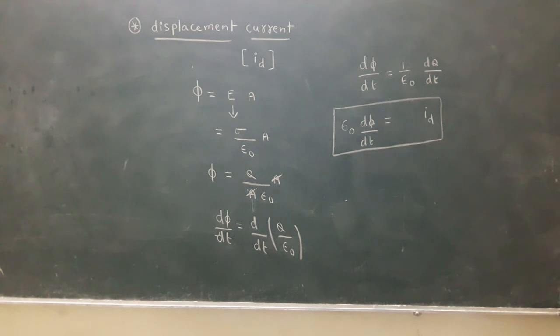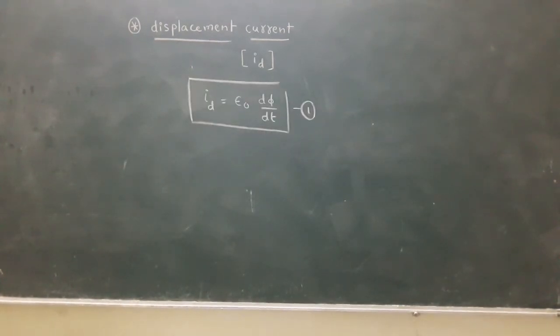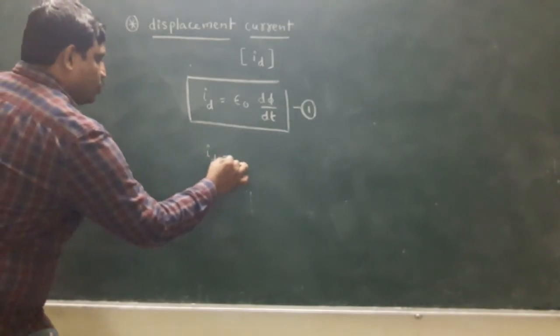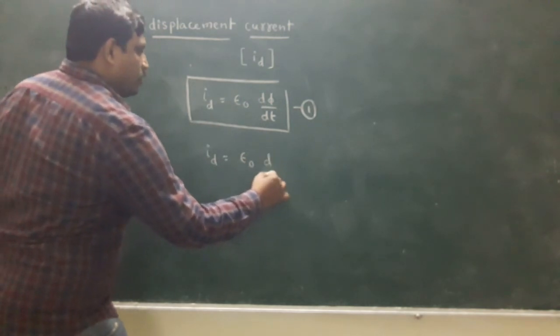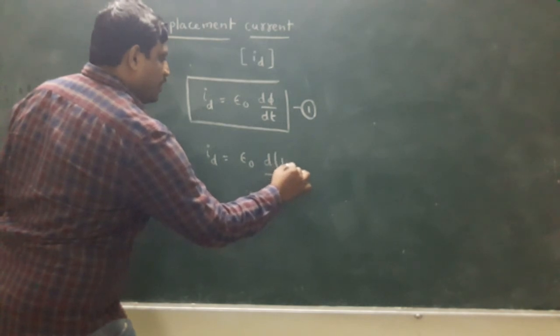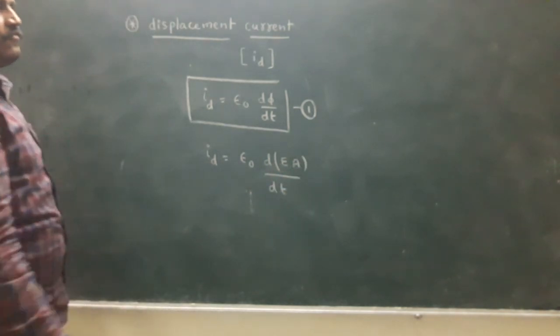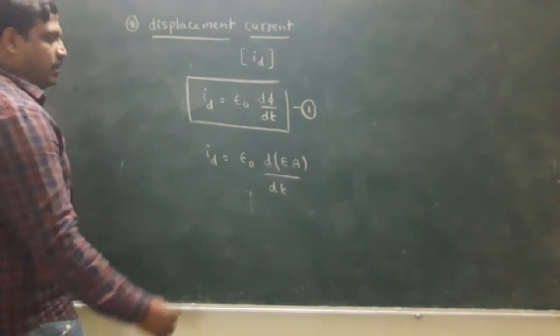What is the formula for displacement current? I_D equals epsilon naught times d phi by dt, where phi is E into A, the electrical flux, the electric lines passing through a given area.